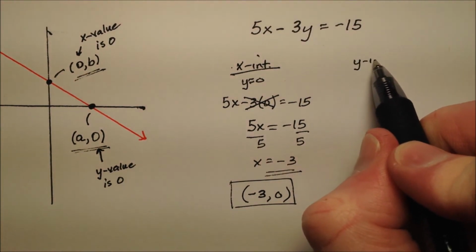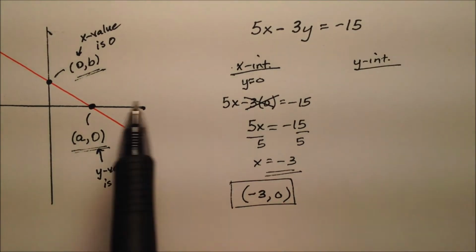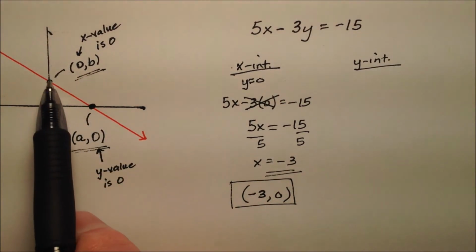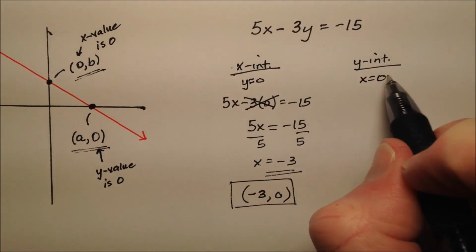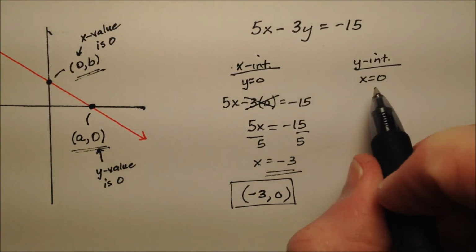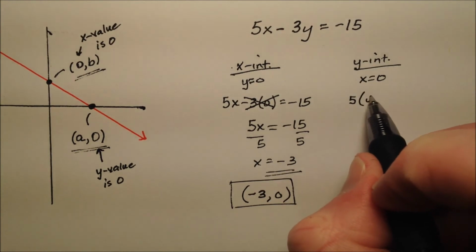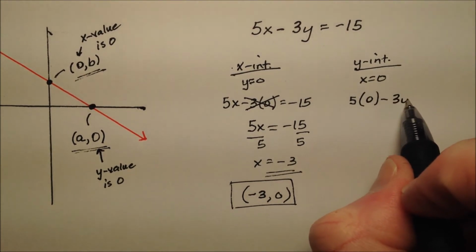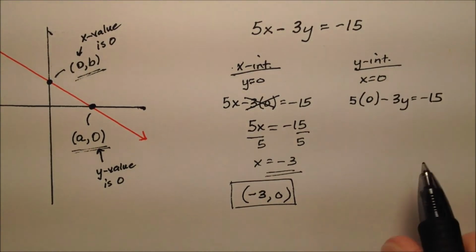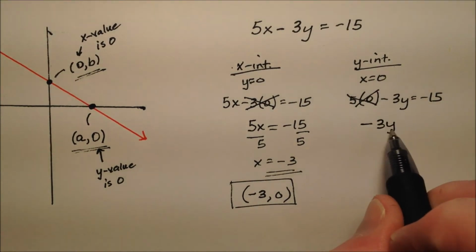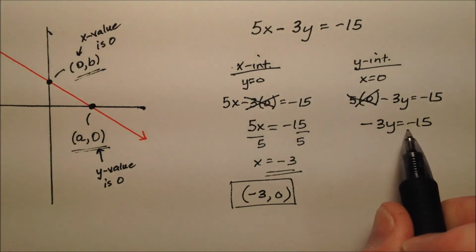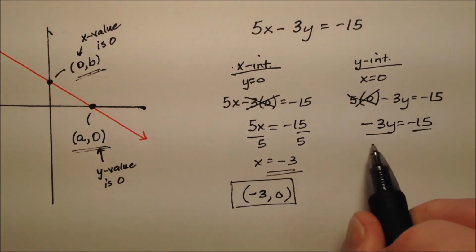Similarly, I can find the y-intercept, and the y-intercept is going to be right here where my x value is 0, so I can use that knowledge where x is 0, and I'm going to go ahead and rewrite this equation, substituting in the 0 for x, which means that term cancels out, and I'm left with just negative 3y equals negative 15.